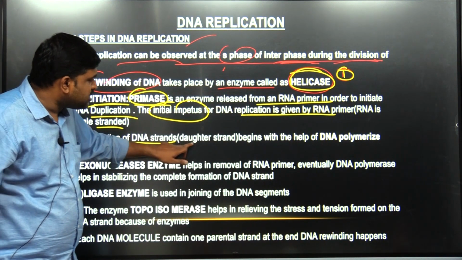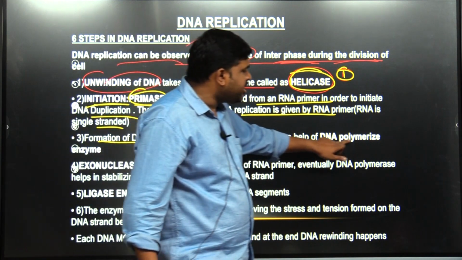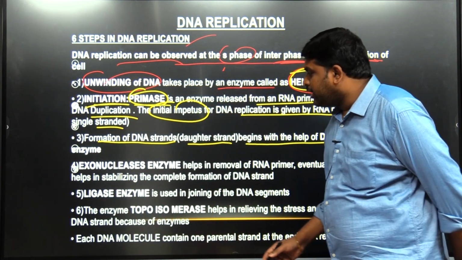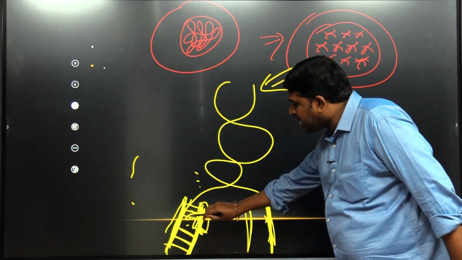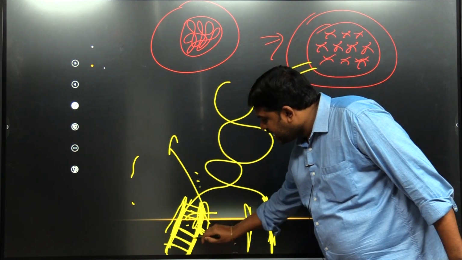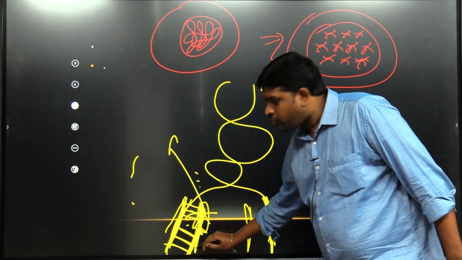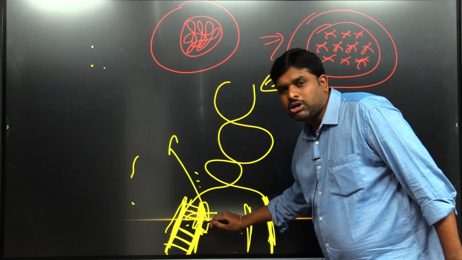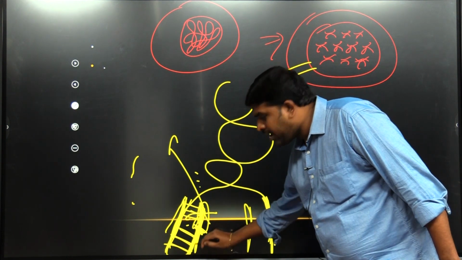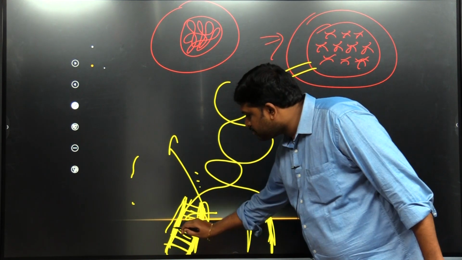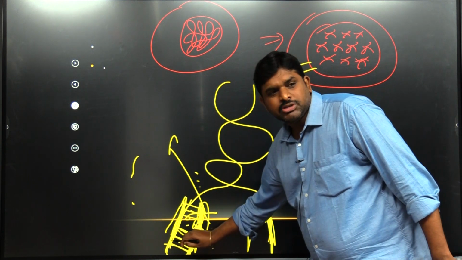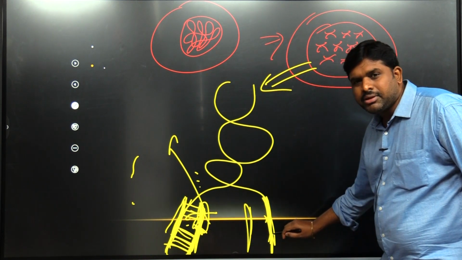Formation of DNA daughter strands begins with the help of DNA polymerase. As a continuation to it, the RNA primer will stop and be removed, and the DNA daughter strand will be formed because we already got the support of the RNA primer. It is continued by the DNA strand, and this daughter DNA strand will match with the parent DNA strand. The same thing will happen on this side.